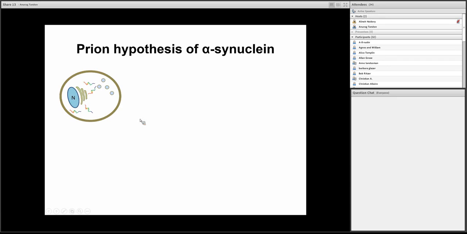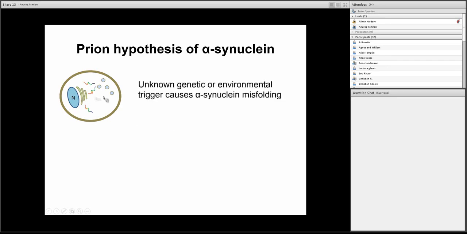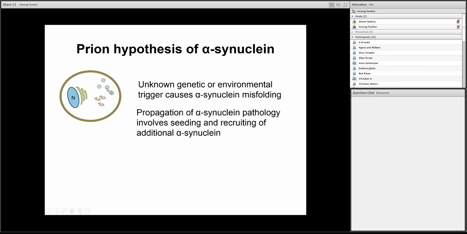Now, something might happen to the cell that causes these molecules to change and become misfolded in some way. This could be some sort of unknown genetic or environmental trigger. And this continues on until all, or most, of the synuclein has now become modified.